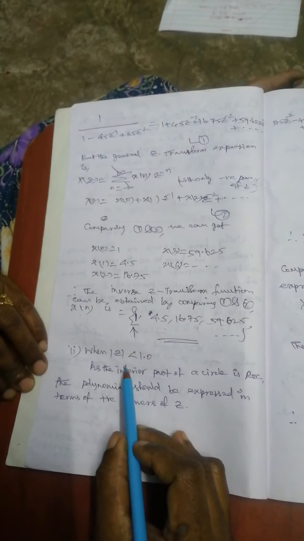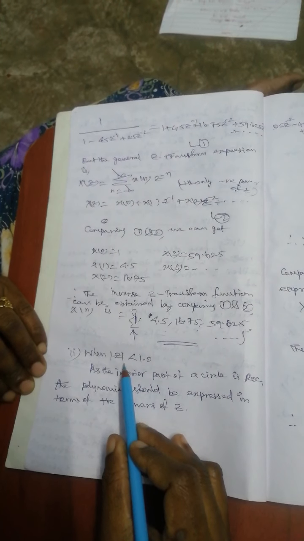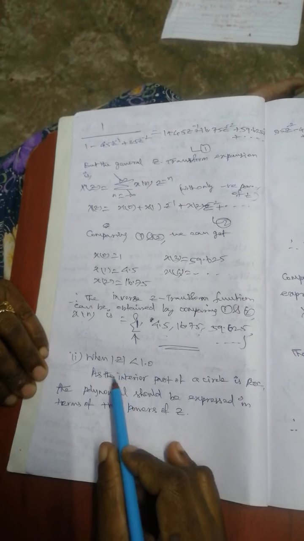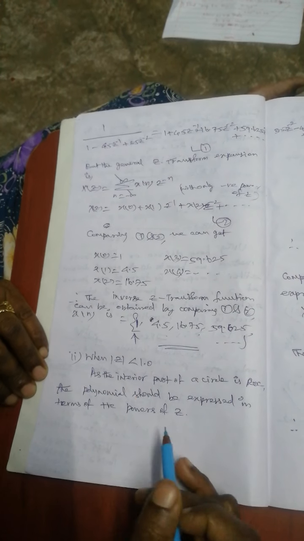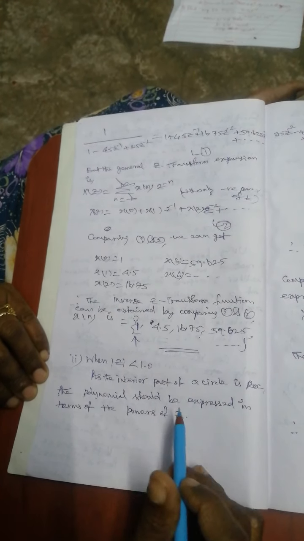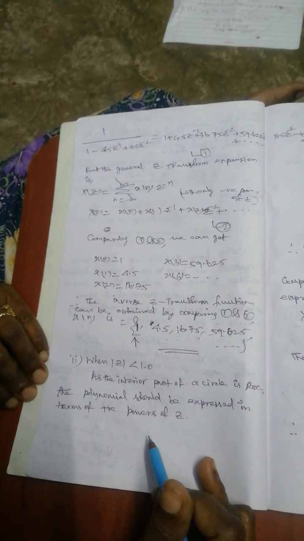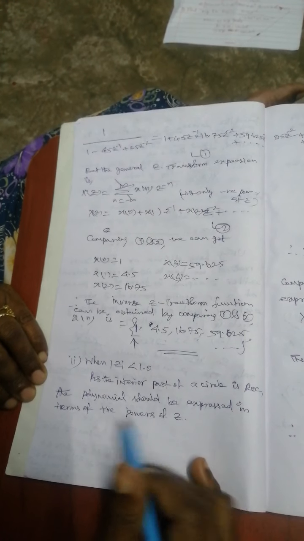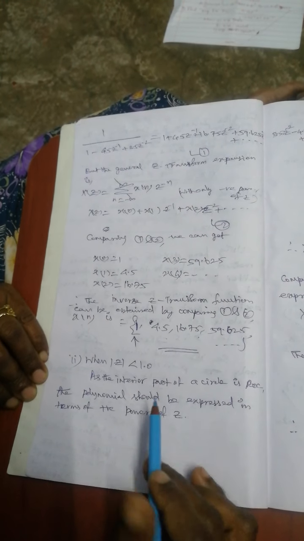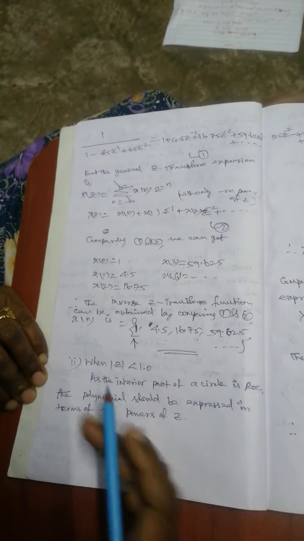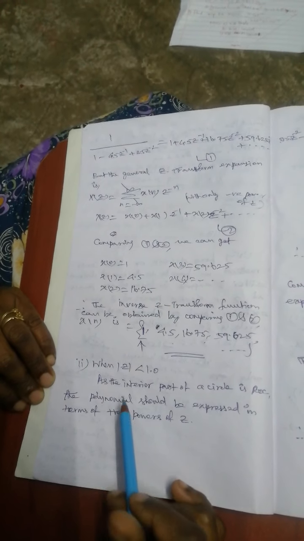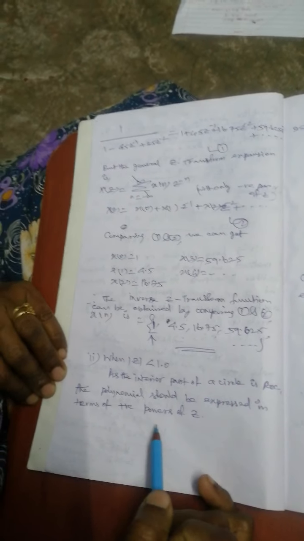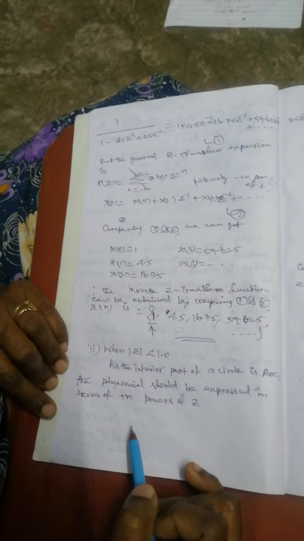We know for a Z transform, if the interior part is ROC, that corresponds to a non-causal function, which means the function will exist only on the left side of the x-axis. It's a left-sided function. For such a left-sided function, its corresponding Z transform expansion will have only positive powers of Z.